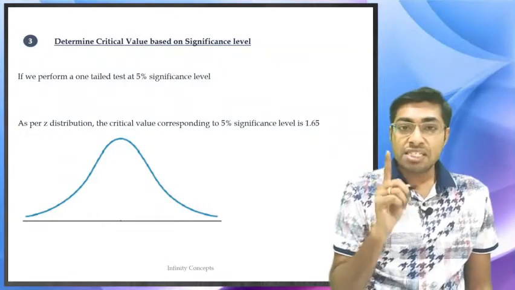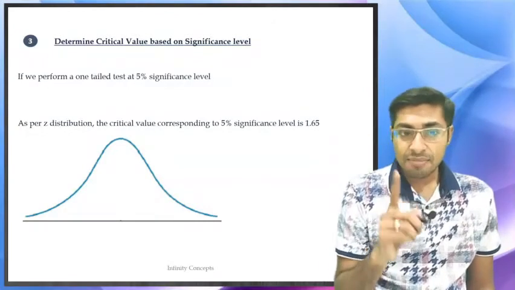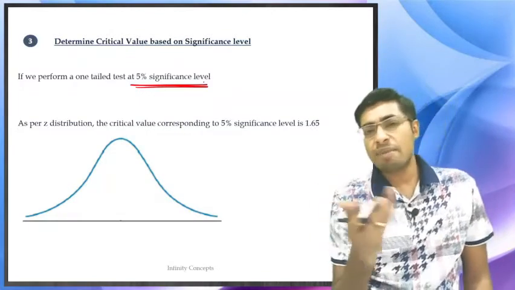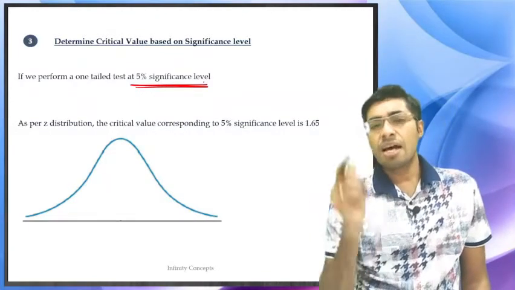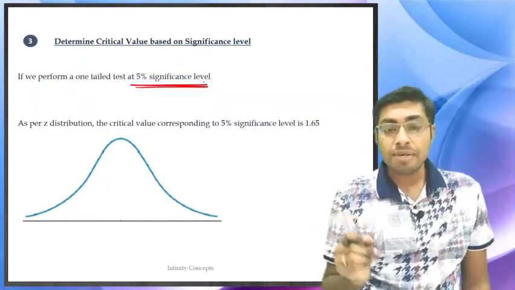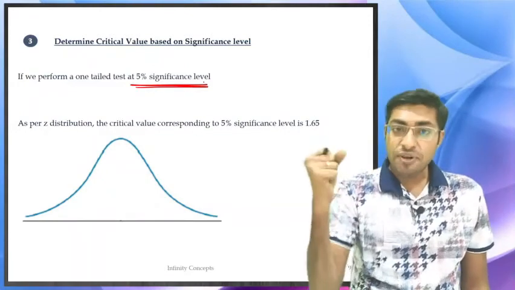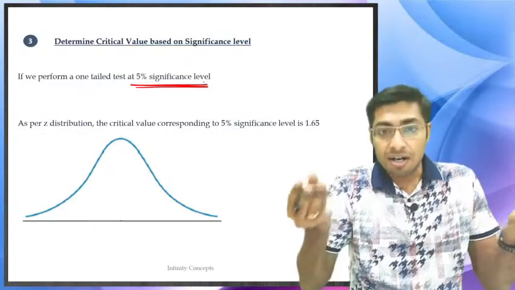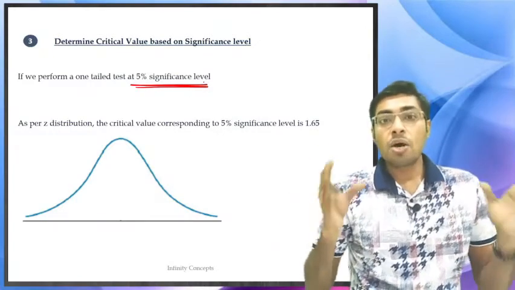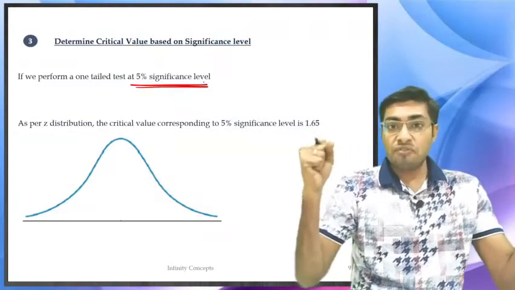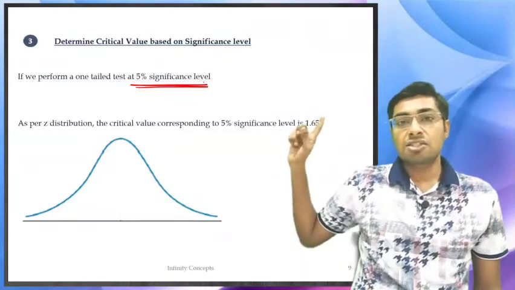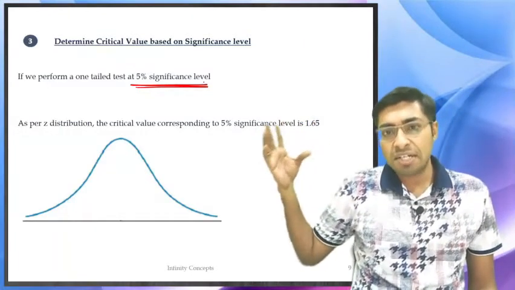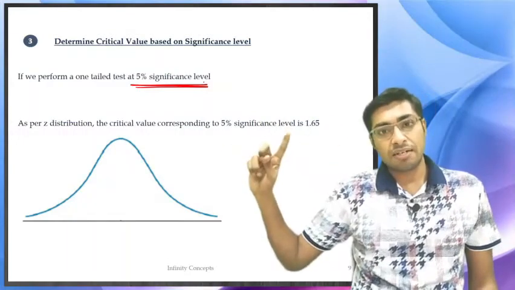Now if this is a one-tailed test and you are asking for a 5% significance level, what do we mean by significance level? A 5% significance level means a 95% confidence level, which means you want to tell the world that with 95% confidence you can say that the Asian stock market, the 22,000 stocks on the Asian stock market, return was more than 4%.